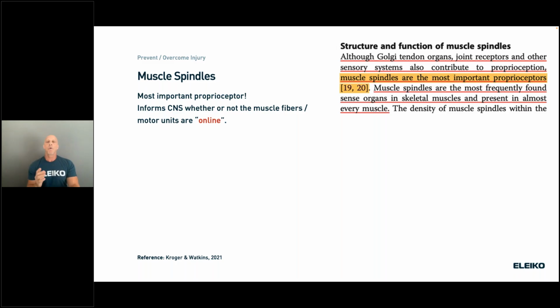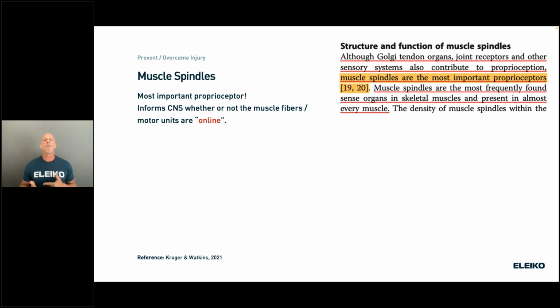Not that the others aren't important, but the spindles are the most important because of the function they perform and because of where they're located, because the muscular system is extremely vital and intimately connected with every other system in the body. As your muscular system goes, so does the health of the body.